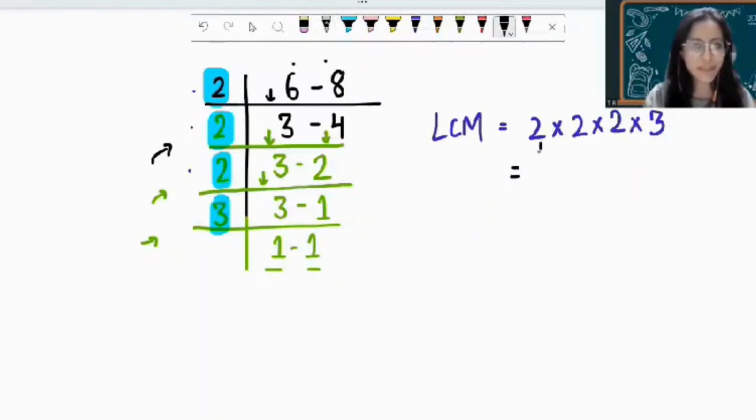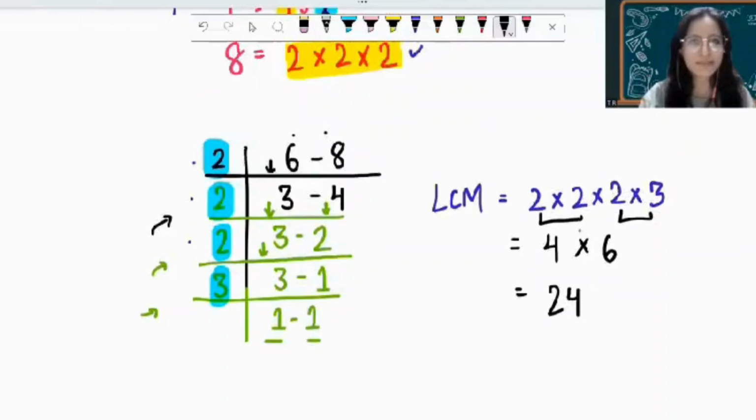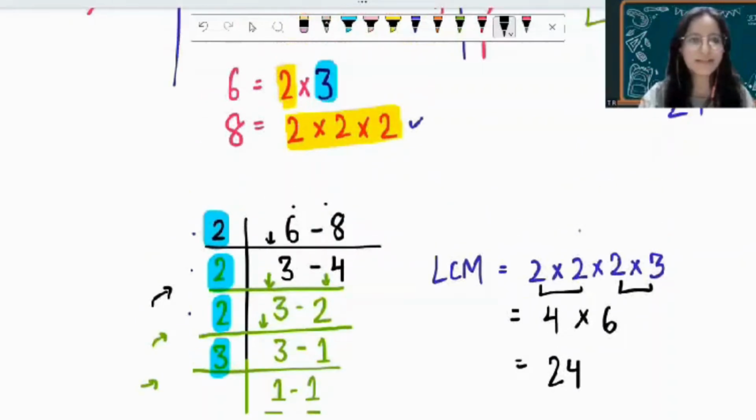So again, let's multiply. 2 times 2 is 4. 2 times 3 is 6. 4 times 6 is going to give you 24. That is your LCM. So you have got the same answer as in the previous one also, right? So these are the two ways to get an LCM, both using prime factorization only.